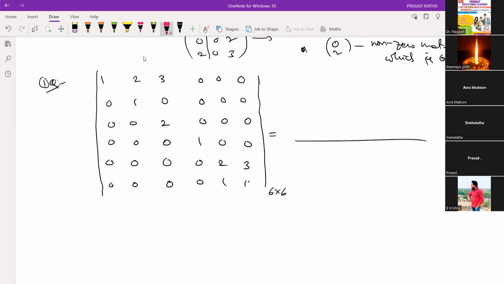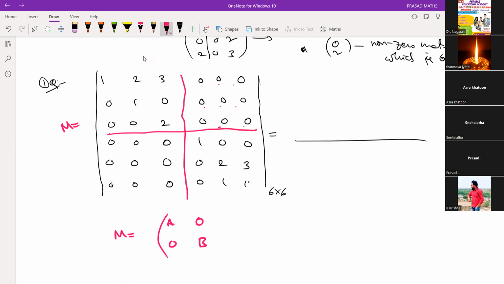So what I do is partition this matrix into blocks. First, you need to cover the zero matrix by drawing horizontal and vertical lines. Therefore, calling this M, it looks like M equals A, 0 matrix, 0, B matrix.